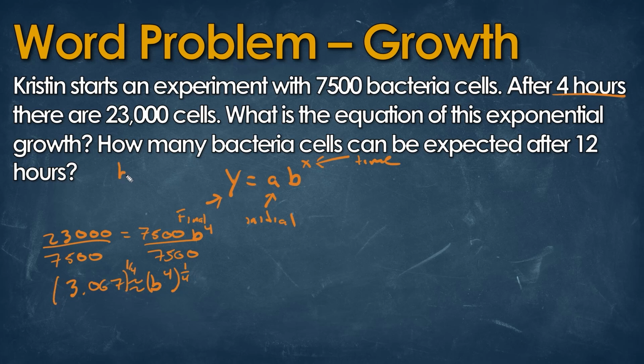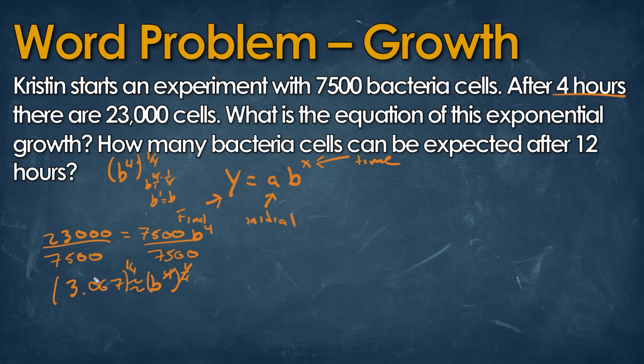So anytime that we take something like b raised to the fourth and we raise it to the 1/4 power, again, whenever we have an exponent raised to another exponent, we can just multiply those values. So b to the fourth times 1/4. Those will actually cancel each other out. 4/4 is going to be 1. So we just get b to the 1, which we just call b. So those are going to cancel out.